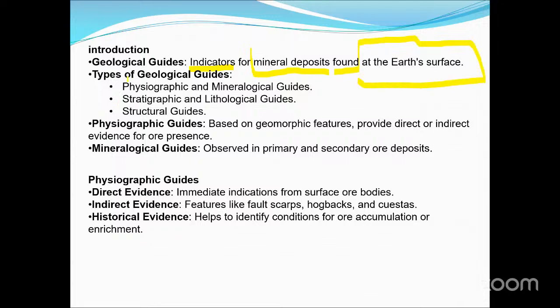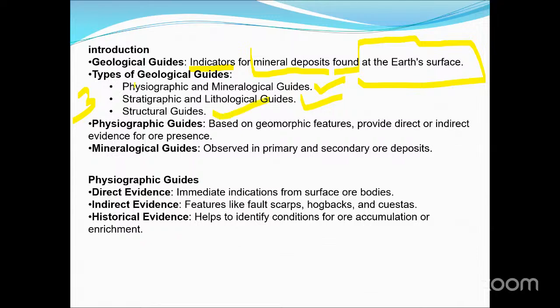Here we can observe three types of geological guides. One is physiographic and mineralogical guides. The second one is stratigraphic and lithological guides. And the third one is structural guides.